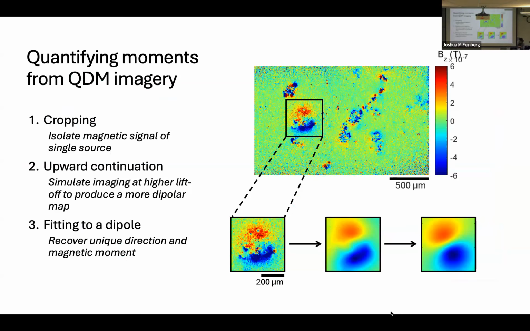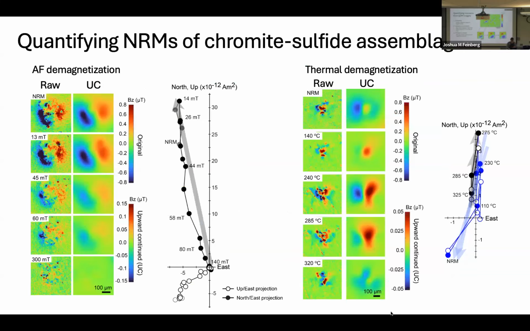To quantify the actual magnetization of those individual sources, we go through a three-step process: picking out the source that we're interested in, upward continuation, which is a spectral approach to simulating imaging at a slightly higher liftoff so you can average out the fine structure, and then fitting the resulting map to a dipole to recover a unique direction and moment. That lets us do all of the classic experiments we would like to do if we had cores.